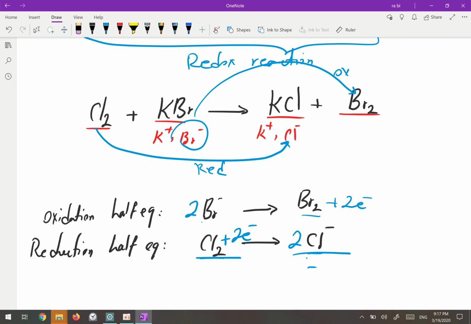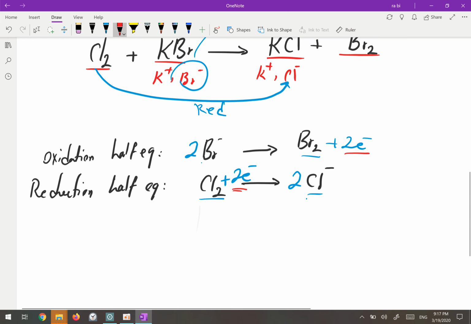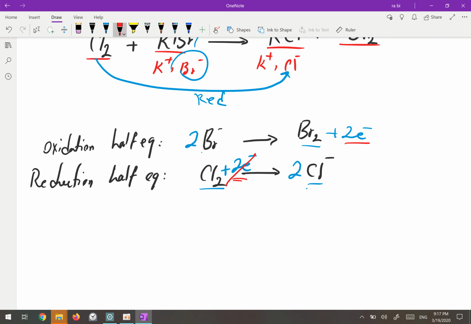So in this case, we have to check if the number of electrons which is lost in oxidation is the same as the number of electrons which is gained in reduction. 2 electrons here, 2 electrons here. So yeah, they are the same. So we can just simply add them. When we are adding them, these 2 electrons at the left side for the reduction cancel these 2 electrons at the right side for the oxidation. The rest of the substances cannot cancel out each other.